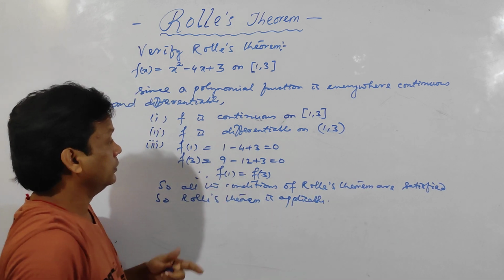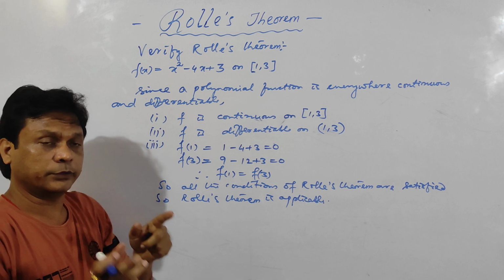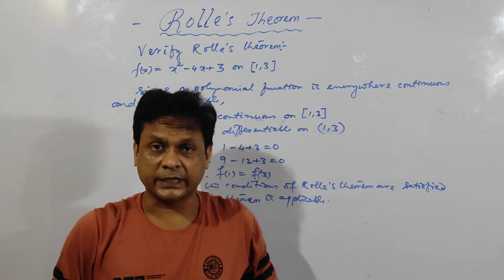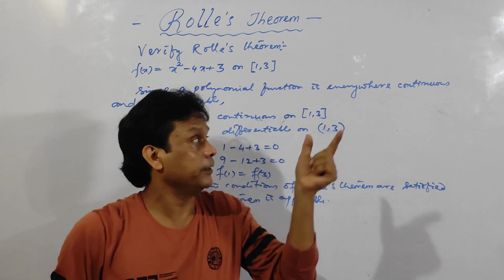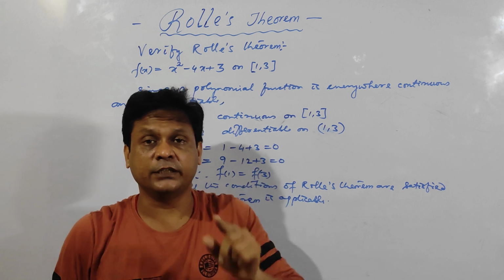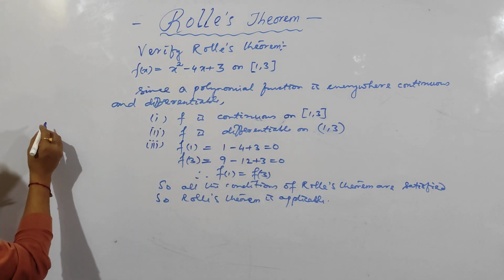Now, these three conditions are satisfied, that means Rolle's theorem is applicable. Now we should verify the theorem. That means there must exist a real number c in between 1 and 3 such that f dash c is equal to 0.